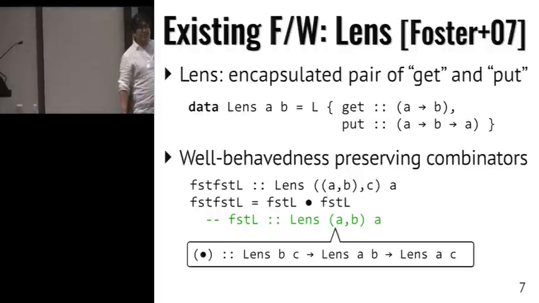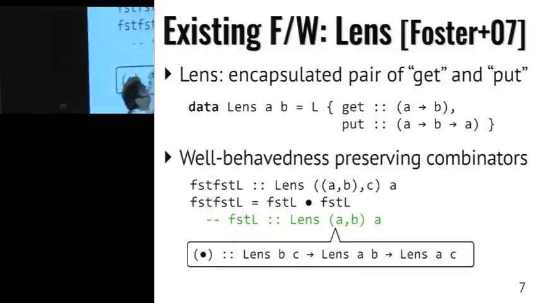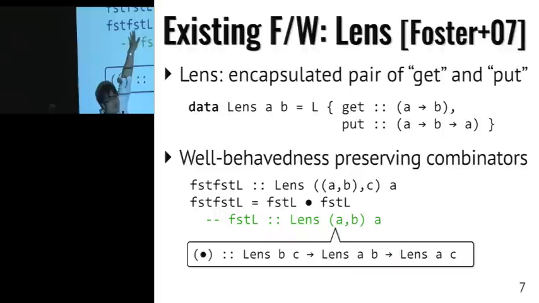Here is an example of lens programming. As you see, we compose lens parcels using lens combinators, the black dots, to construct a bigger bidirectional transformation, or lens. I do not explain the details of such lenses and lens combinators.